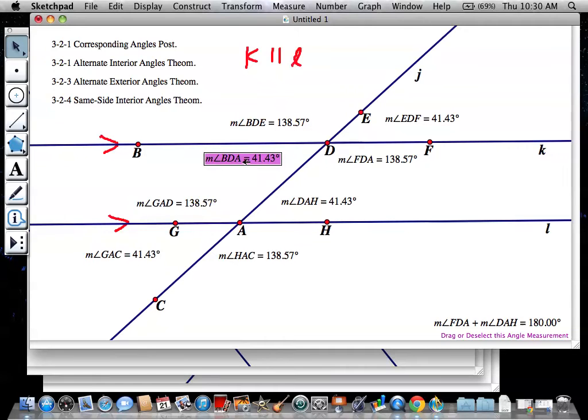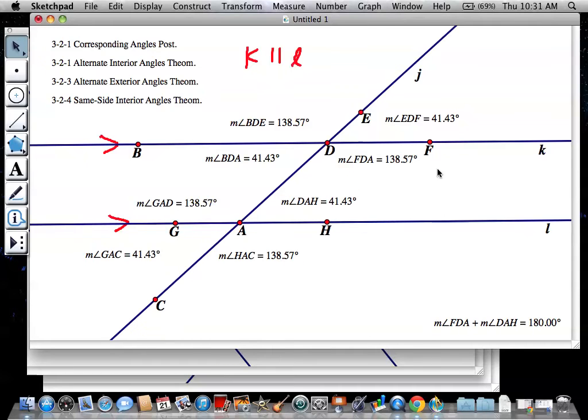Bottom left, angle BDA corresponds with angle GAC. Notice, again, they are both the same measurement. The same goes for all corresponding angles, as you see.